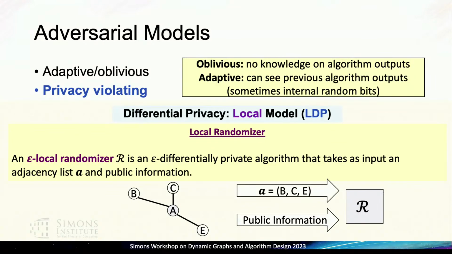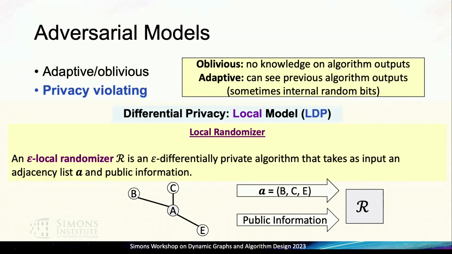More recently, what's become more popular is this local model of differential privacy. In the central model, you're assuming your private graph is given to some central private algorithm, but the central coordinator knows your entire private graph. Now, this is not the case for local privacy. For local privacy, you're assuming each of your nodes contains some form of private algorithm. So we can say each of these nodes has some epsilon local randomizer, R, and this epsilon local randomizer is an epsilon differentially private algorithm.